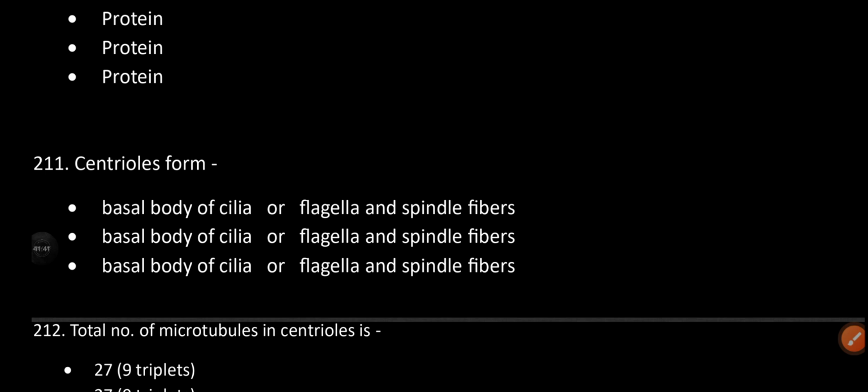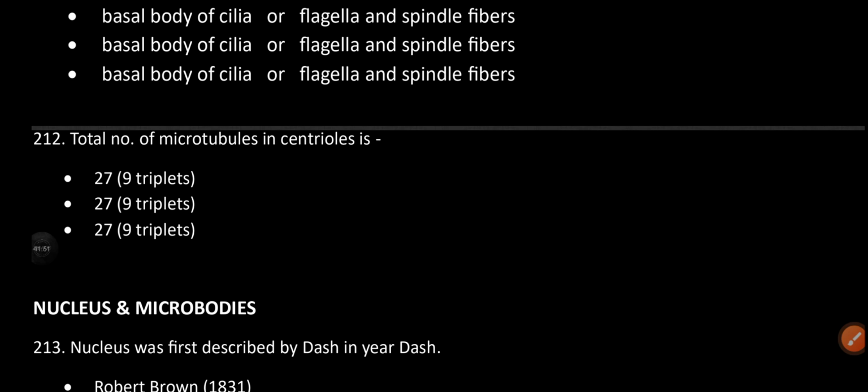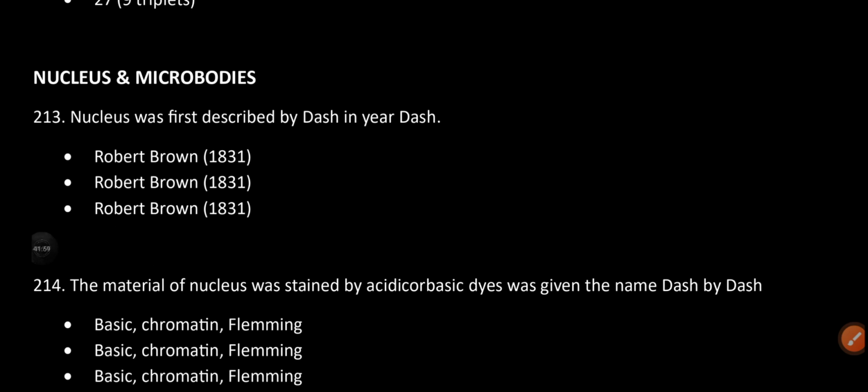Centrioles form basal body of cilia or flagella and spindle fibers. Total number of microtubules in centriole is 27, 9 triplets. Nucleus was first described by Robert Brown in year 1831.